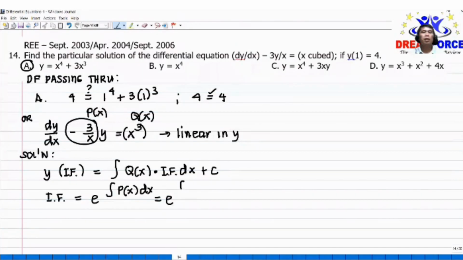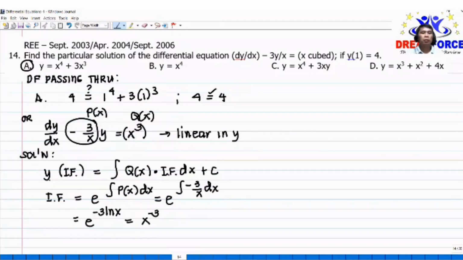So isama nyo yung sign. So negative 3 over x dx is equal to e raised to negative 3 ln of x, or that is equivalent to x raised to negative 3.